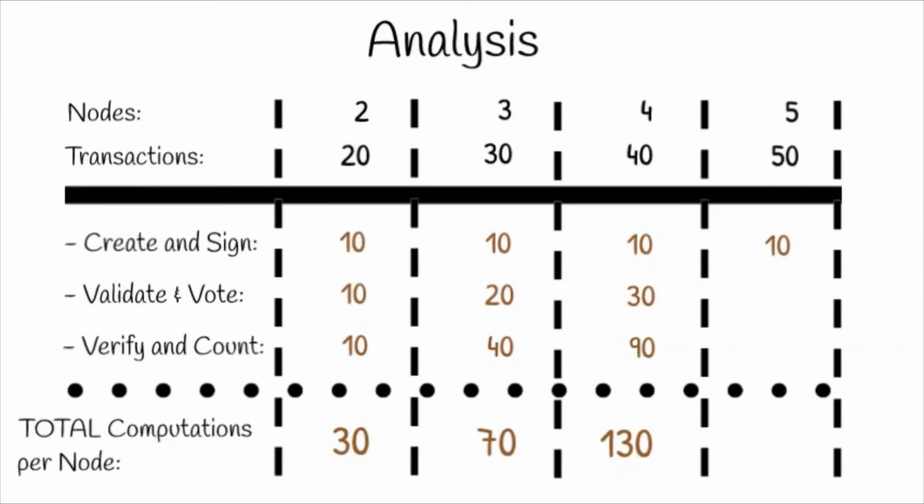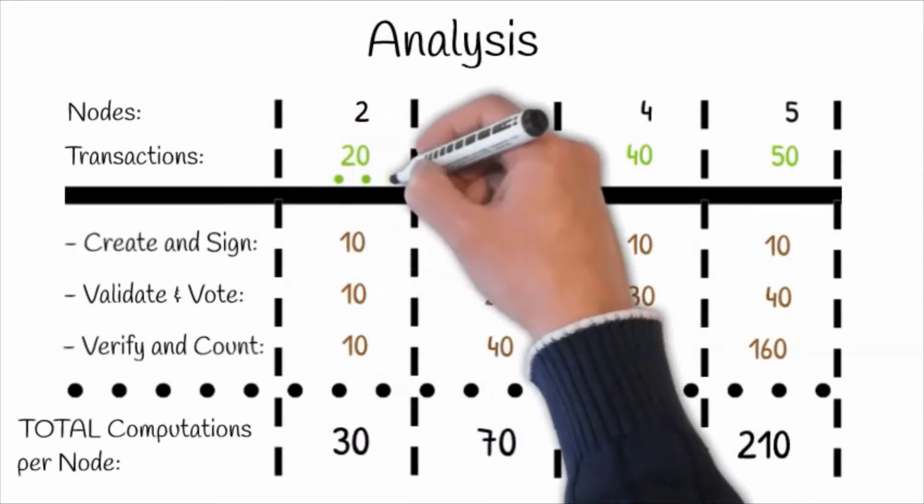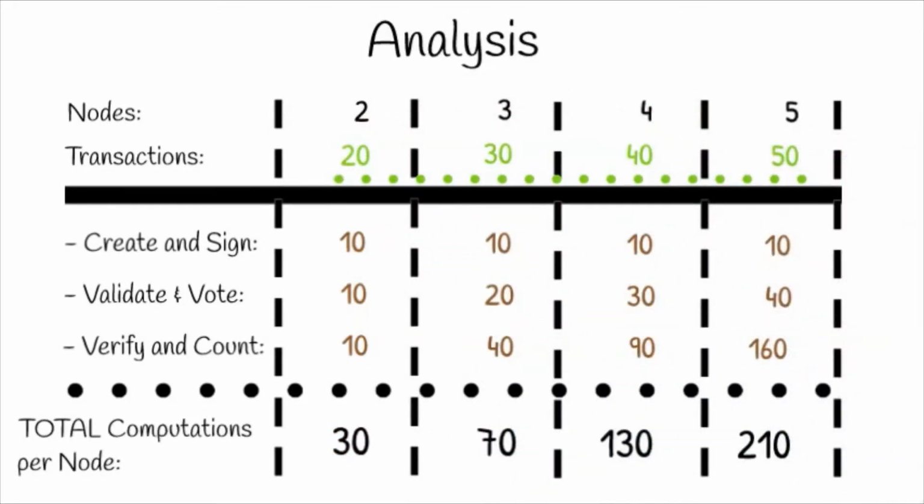Again, create and sign 10, validate and vote 40, but have to verify and count 4 times 40 votes, which is 160. Now the total computations are 210. So what we see is that as the transactions increase linearly, i.e. at the same amount for each increase in node, the total computations are expanding exponentially at an accelerating pace.